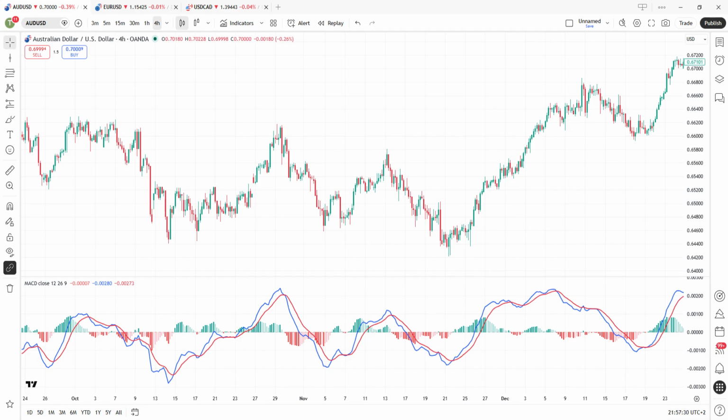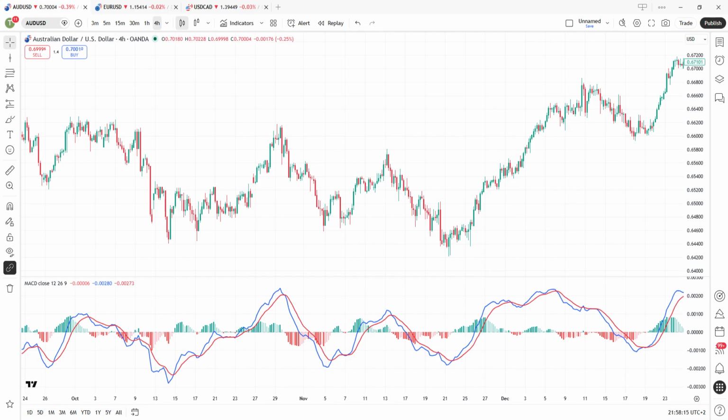The final concept of this indicator is the zero line, and the zero line separates bullish momentum from bearish momentum. When the MACD is above the zero line, bullish momentum is generally stronger. When the MACD is below the zero line, bearish momentum is generally stronger.